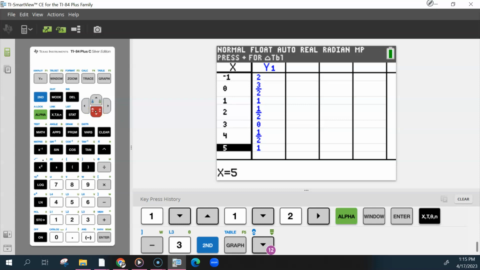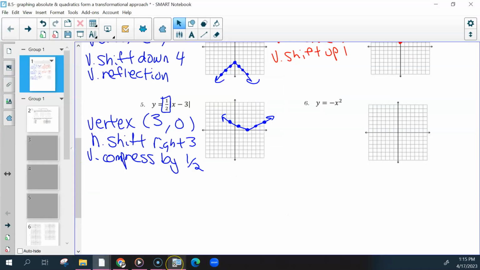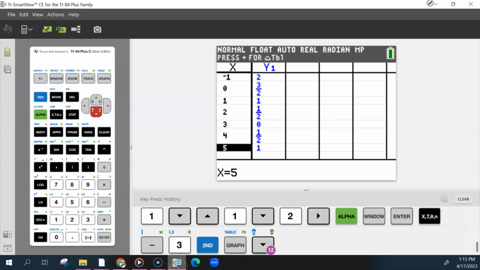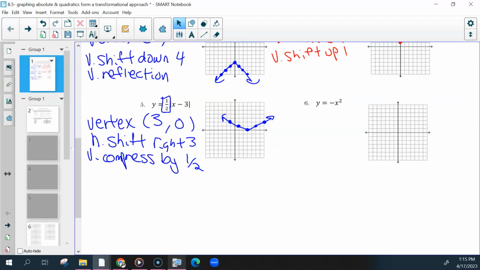So we should have 1, 1, and 5, 1 as points. And negative 1, 2, and 7, 2 as points. What questions do we have on this one?